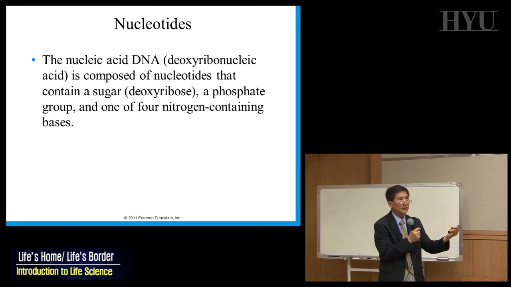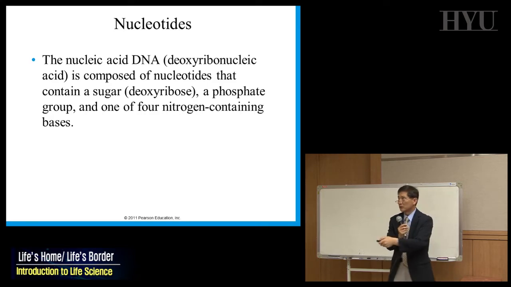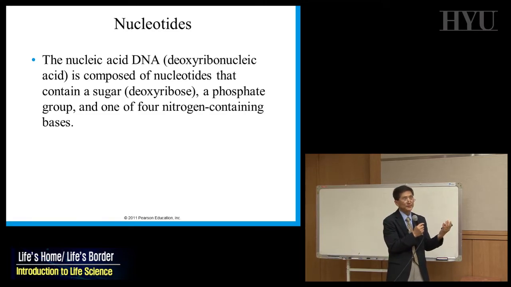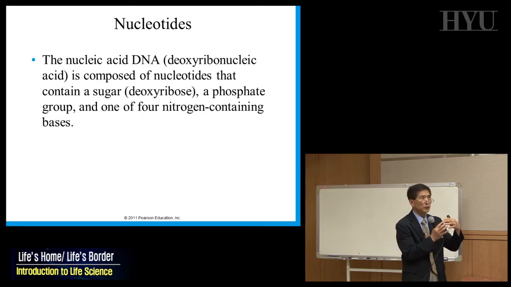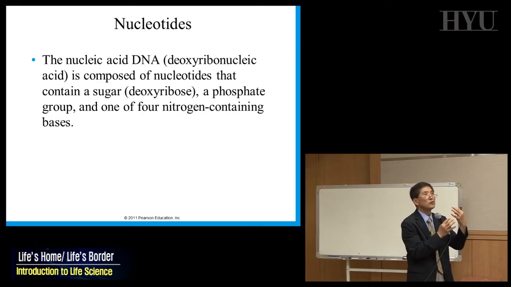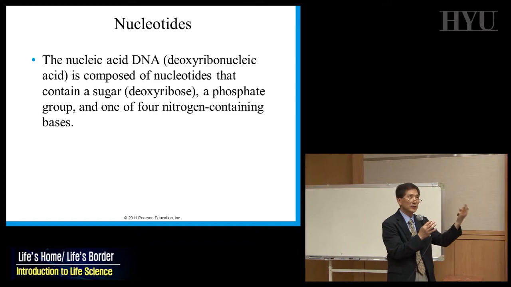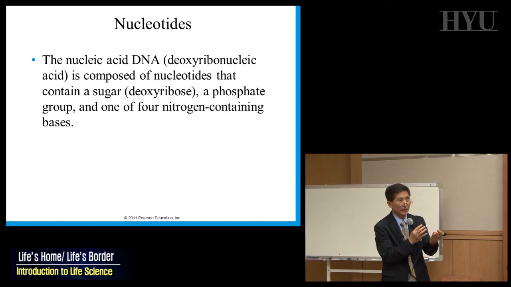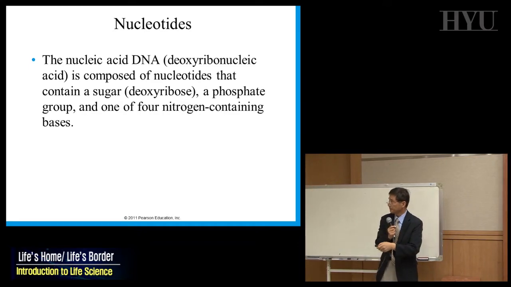The only difference is they use different sugar. The name of sugar that they used in DNA is called deoxyribose. The sugar that used in RNA, it's called ribose. That's why it's called DNA and RNA. We'll see the difference.